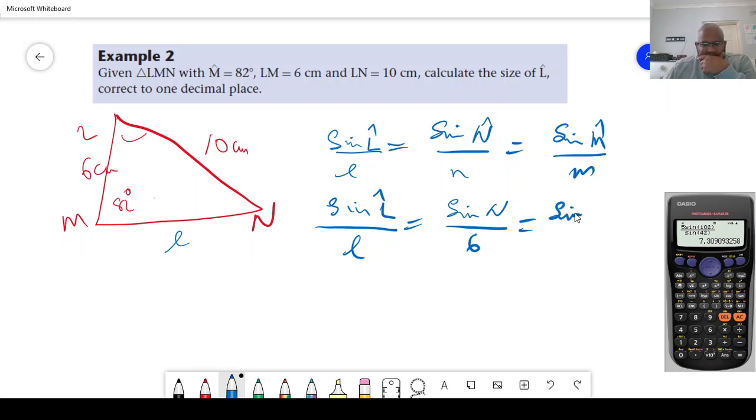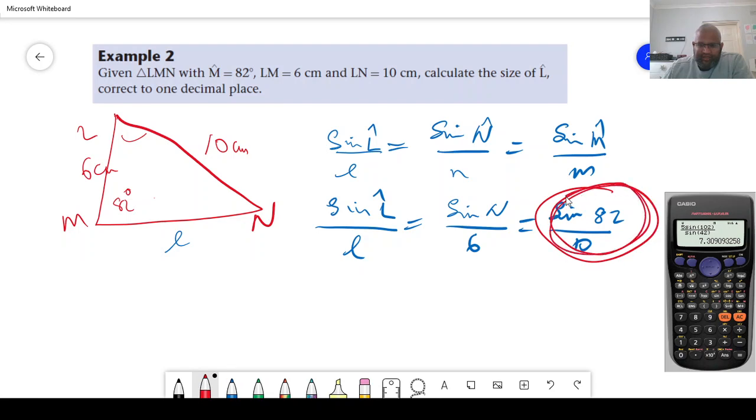Sine of M, which is 82, over 10. So we have the known ratio and one unknown in the other ratio, so we can calculate N. We can't calculate L straight away because we don't have the length of L.